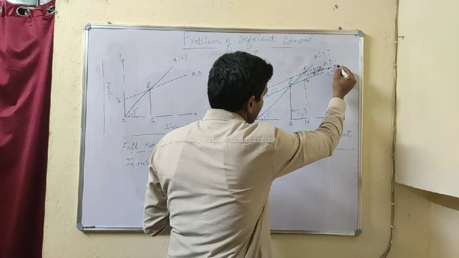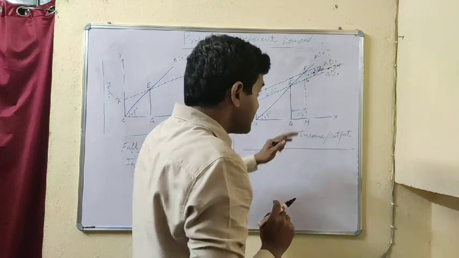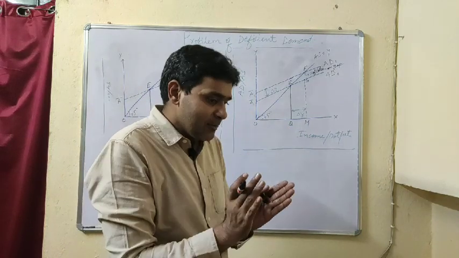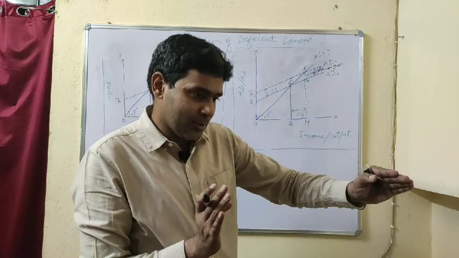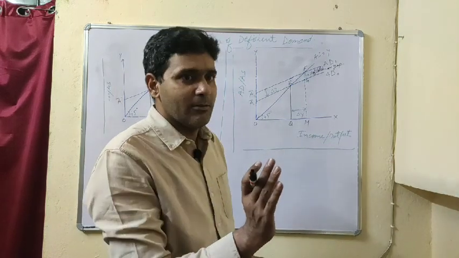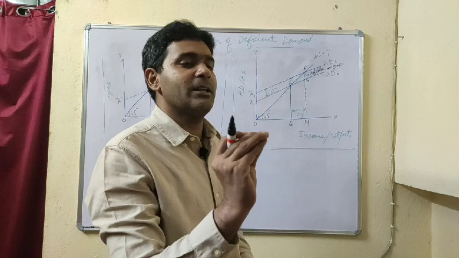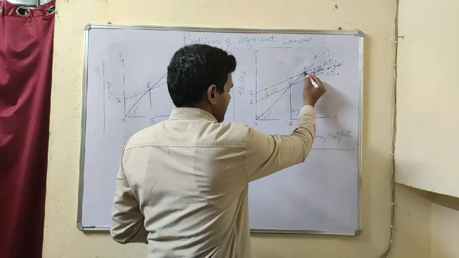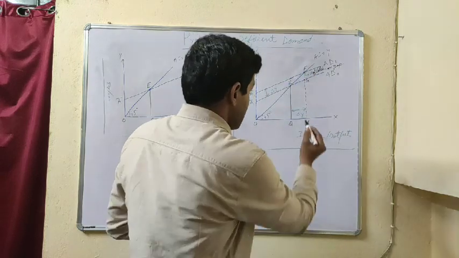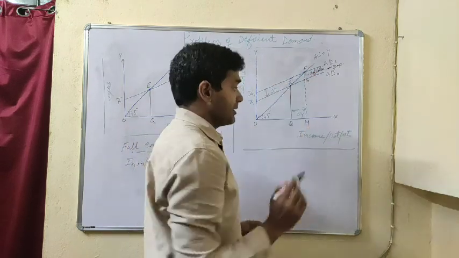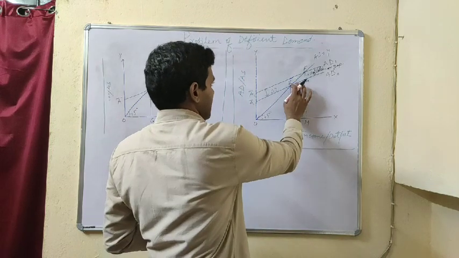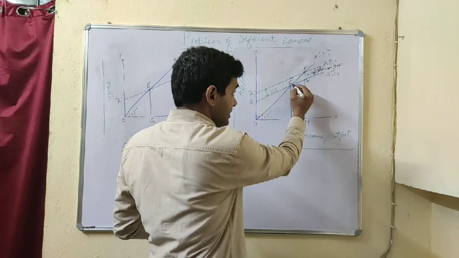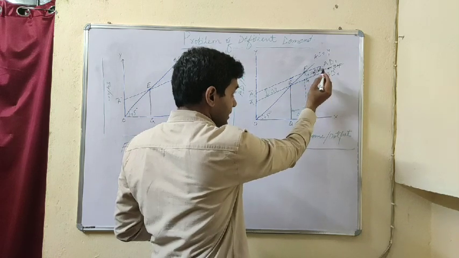Deflationary gap is a situation when aggregate demand falls short of the full employment level of aggregate supply, which is equal to Fm. But aggregate demand falls short because this is the real or initial demand curve AD0.